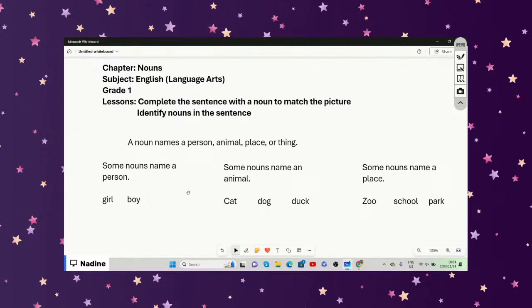The lessons we are focusing on today under the chapter of nouns are to complete the sentence with a noun to match the picture, and to identify nouns within a sentence.